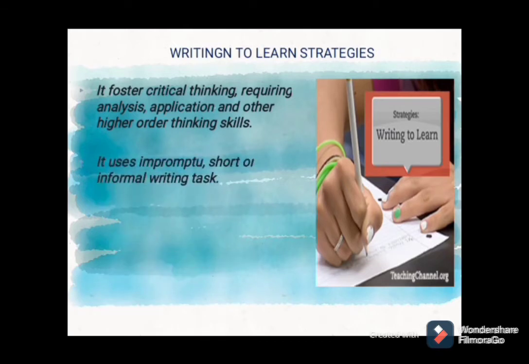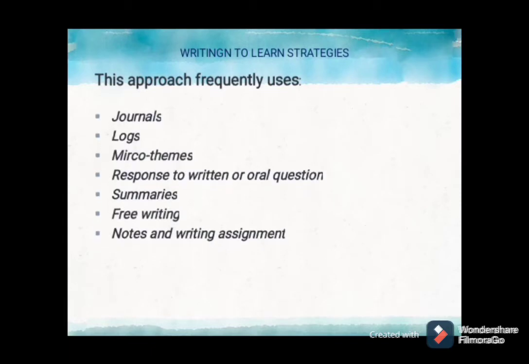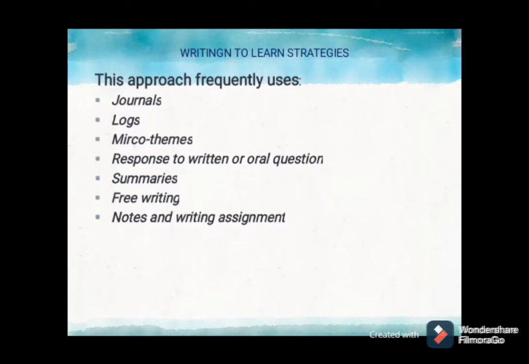It uses impromptu, short, or informal writing tasks assigned by the teacher. It is less structured than disciplinary writing. The writing to learn strategy frequently uses journals, logs, microthemes, responses, and so on.